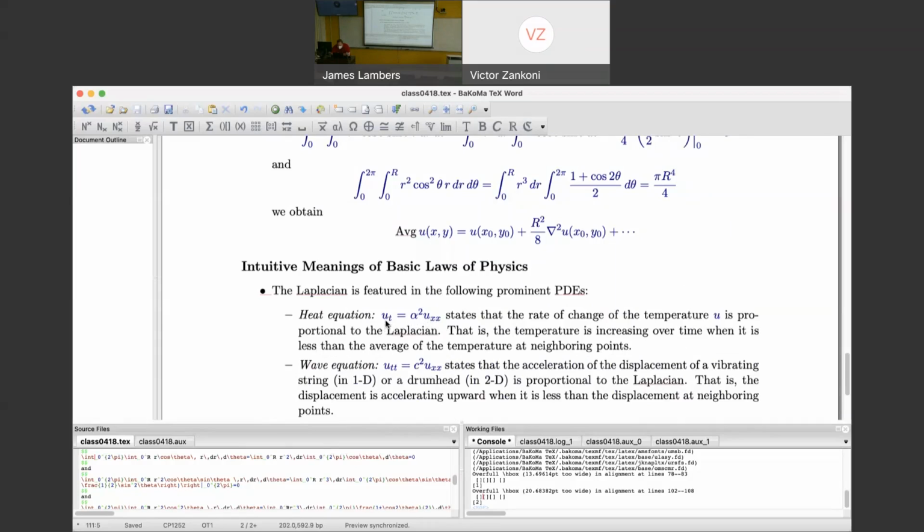Therefore, the temperature at that point is going to increase, which makes sense because eventually the temperature should converge to some ambient temperature, at least absent any effects from external sources.